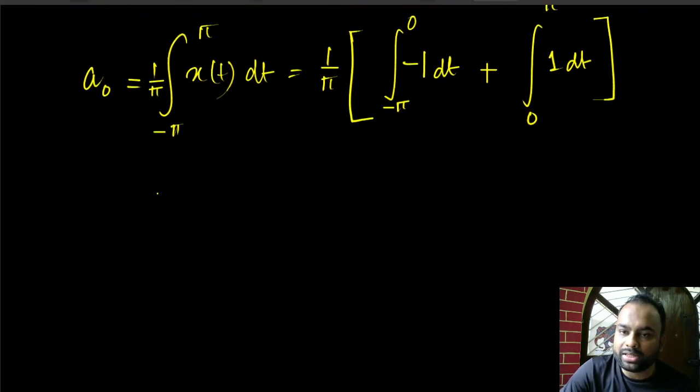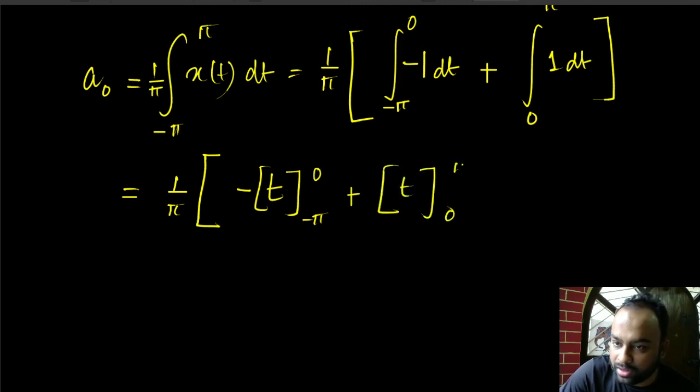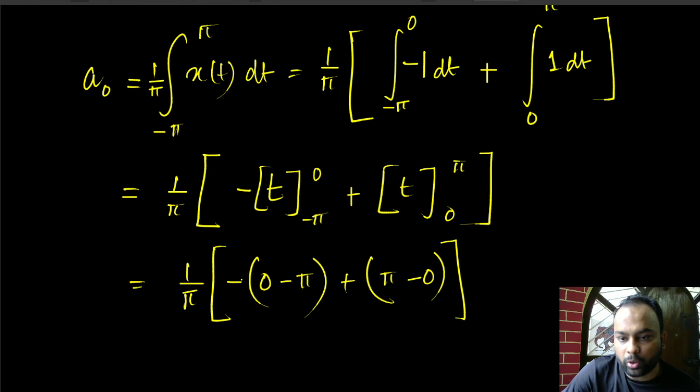So understandably, what is the integration here? I have 1 by pi, and if you do the integration, I would have minus t from minus pi to 0 and plus t from 0 to pi. So I would have 1 by pi times 0 minus pi plus pi minus 0.